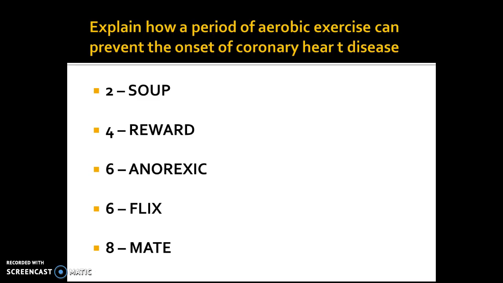Okay, so if you talk about a mate, another word for mate is a peer. If a peer tells you to do something you don't want to do, e.g. smoke, e.g. drink, you should do it, you'll be really cool. That is applying peer something. That word will then link to a word associated with coronary heart disease or the cardiovascular system, and the resting value of this could be reduced, or maybe it could be healthy.